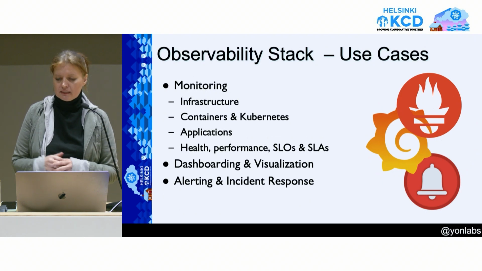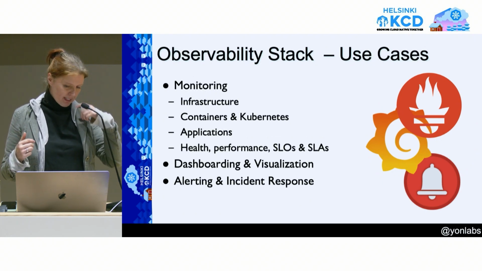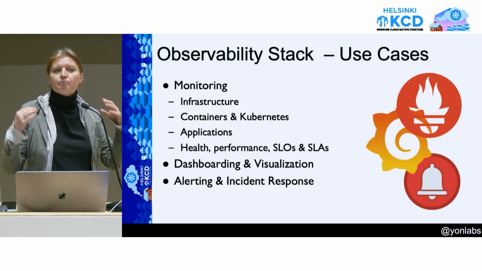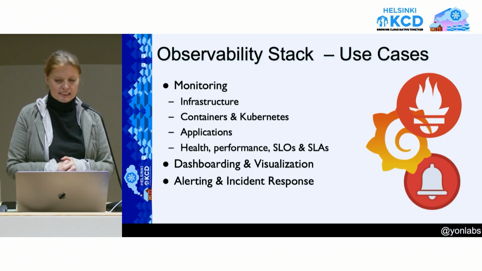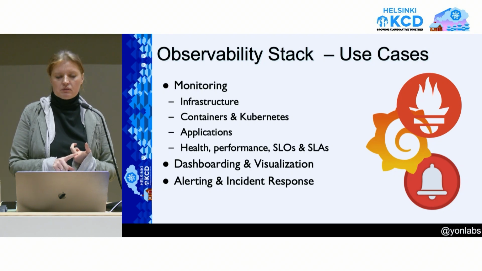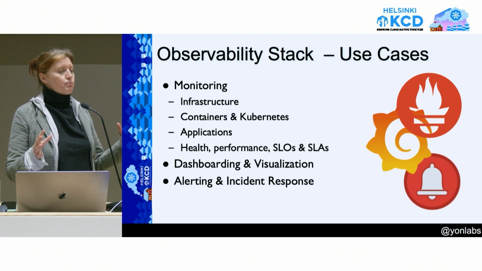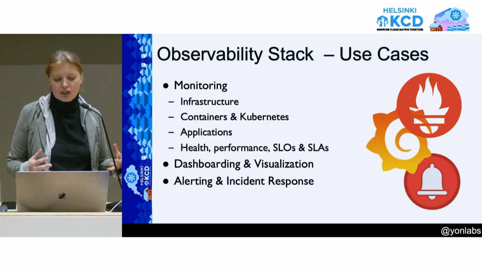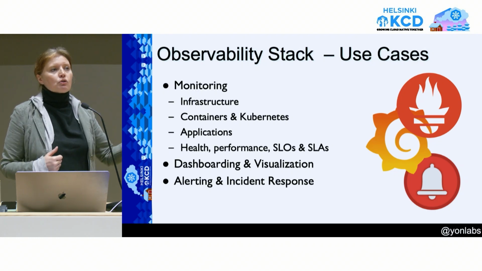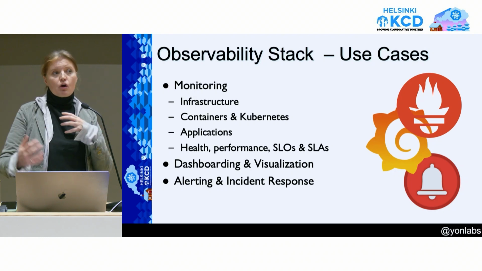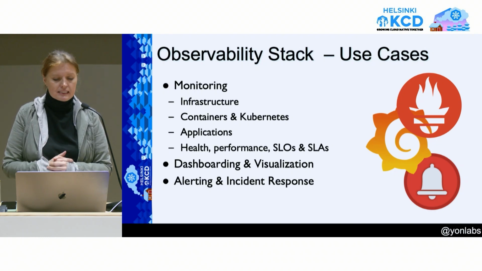Prometheus together with Grafana and Alert Manager forms a pretty popular observability stack. Obviously, we monitor our components like infrastructure, containers, Kubernetes, applications. We monitor to track their health, performance, SLOs and SLAs of our systems.